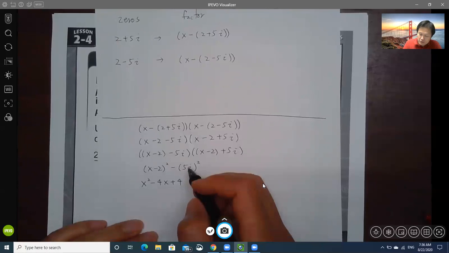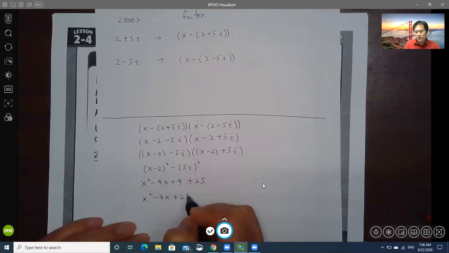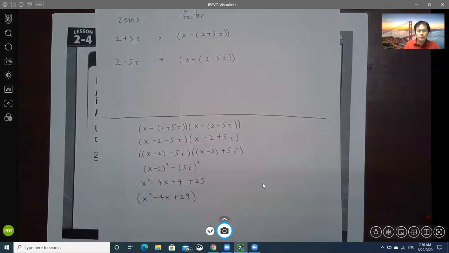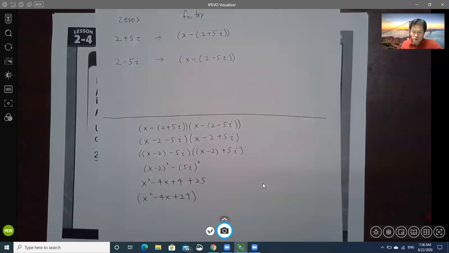And we have a minus there, so plus 25. So it's going to be x squared minus 4x plus 29. So I just distribute that. Okay? Then I can do long division.